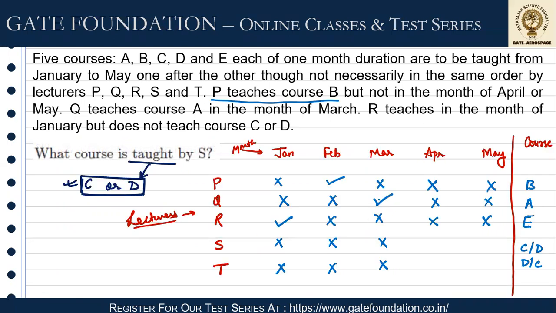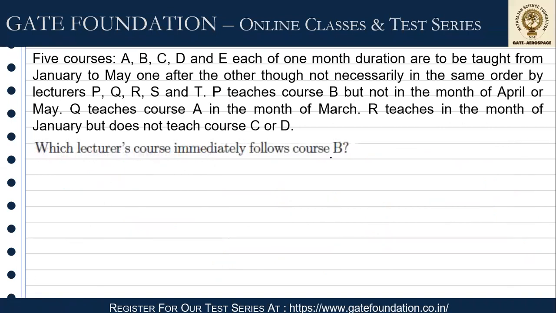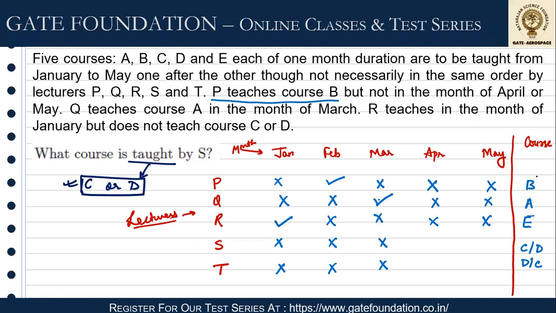I go to the table. Yes. After B, which lecturer's course immediately follows course B? So after B, B is done in Feb. So in March, just after B, we'll have A. Q will be teaching A in March.